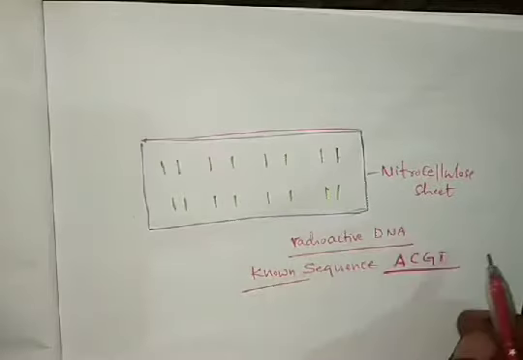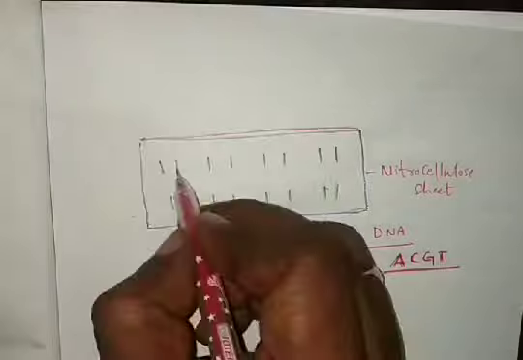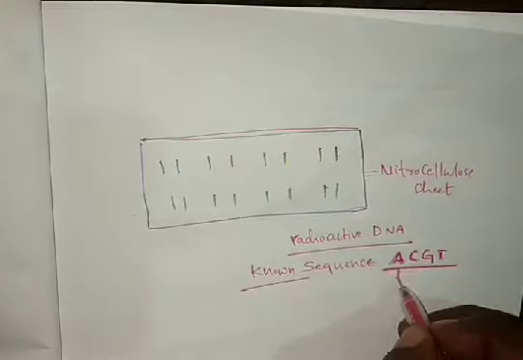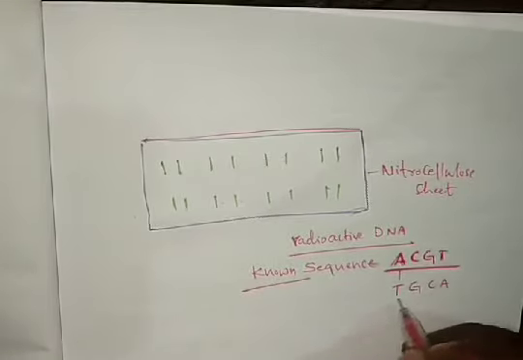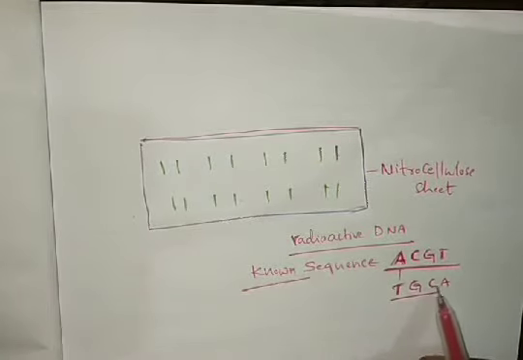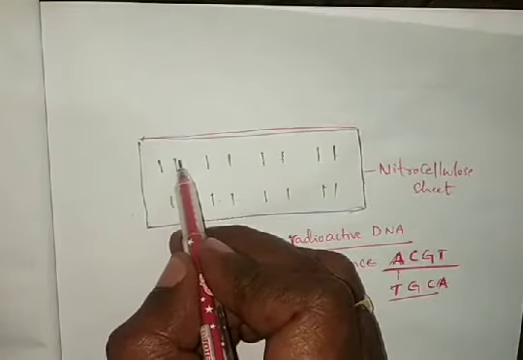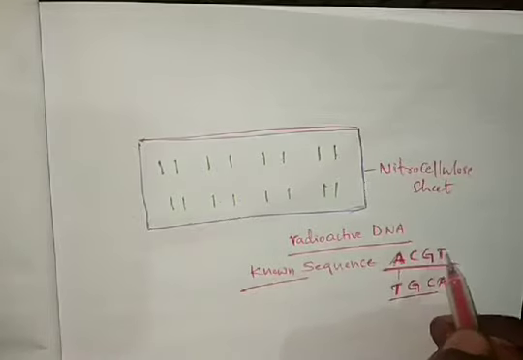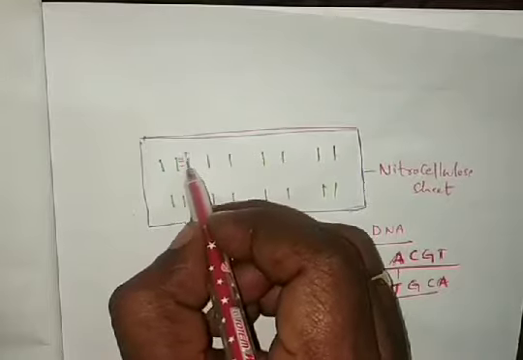The DNA strands containing the sequence complementary to it, for example TGCA, are paired with this radioactive DNA segment.